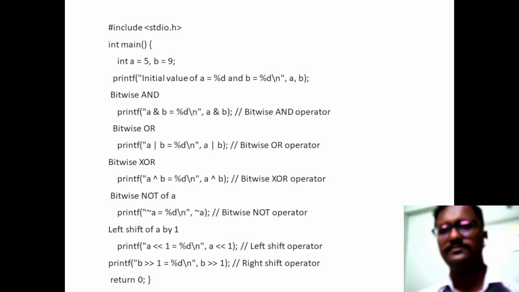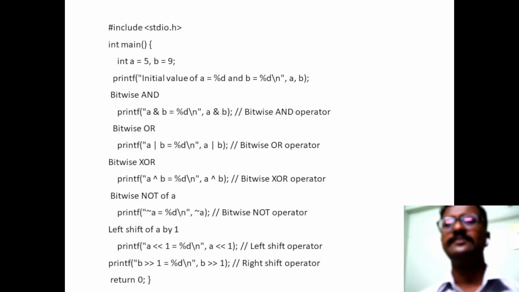Left shift operator: the left shift operator shifts the bits of the operand to the left by a specified number of positions. Each shift to the left doubles the value. And then the last, the right shift operator. This shifts the bits of the operand to the right by a specified number of positions. Each shift to the right halves the value.